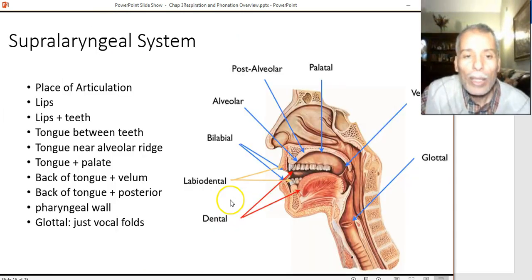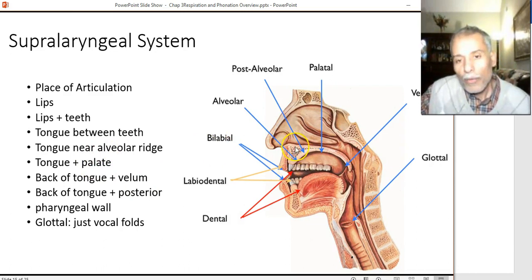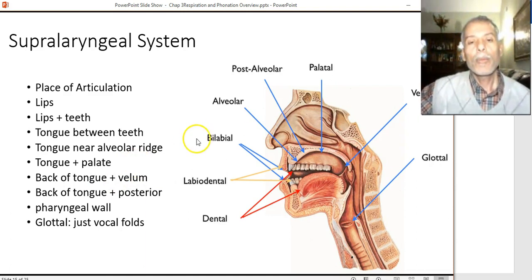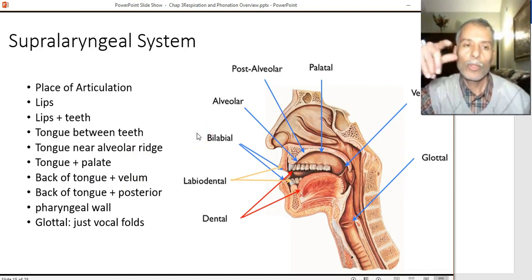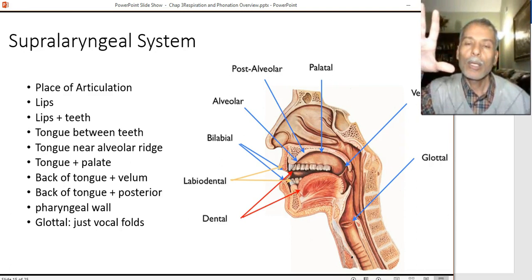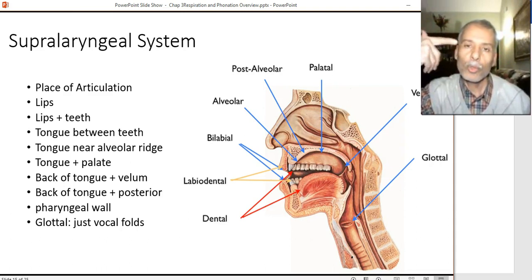So now we're going to look at the different anatomical structures, and we'll see how we can name every sound based on where it is produced in the vocal tract. When we describe sounds in terms of voiced and voiceless, we only focus on consonants, because there are two groups: one is voiceless, completely no vocal fold vibration, and a group of consonants that is voiced.